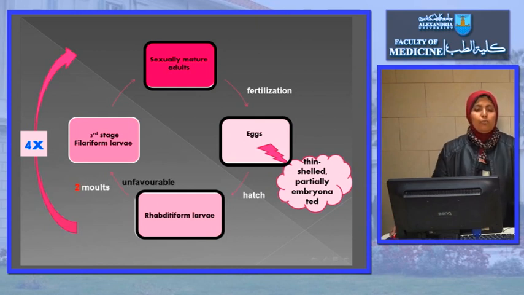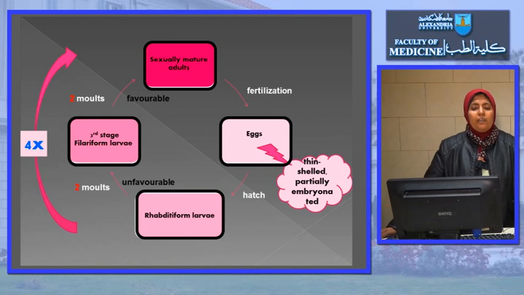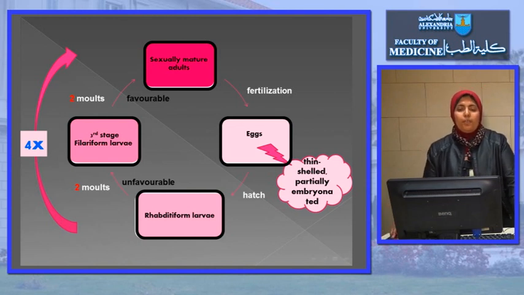Alternatively, it can molt 2 times to form the filariform larvae, which is the infective form for humans. In this case, filariform larvae will enter into the body to molt twice again in order to form the mature adults.